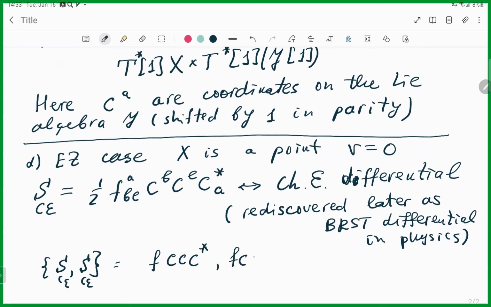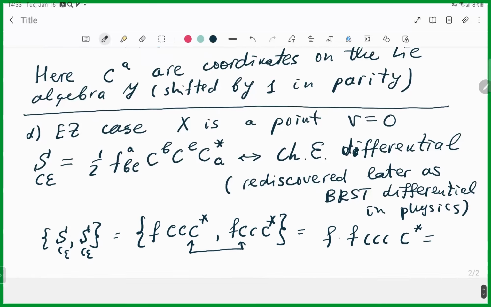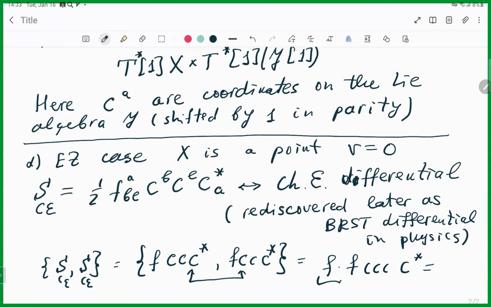I have F, C, C, C star, and then I consider all pairings between C star and C. What I get is something quadratic in F, linear in C star, and cubic in C. And this is nothing but the Jacobi identity.